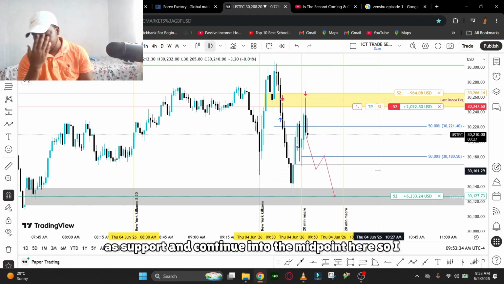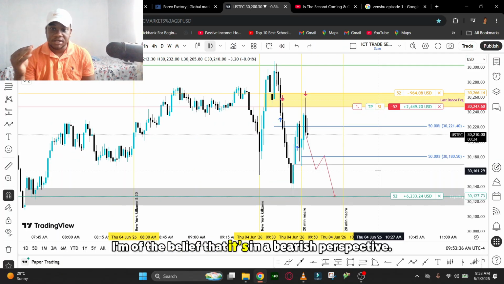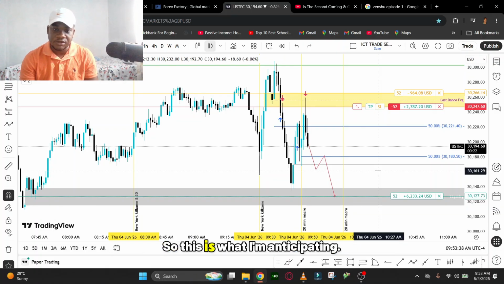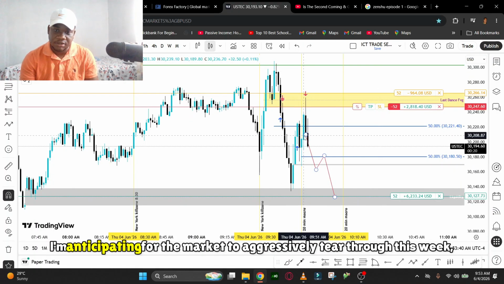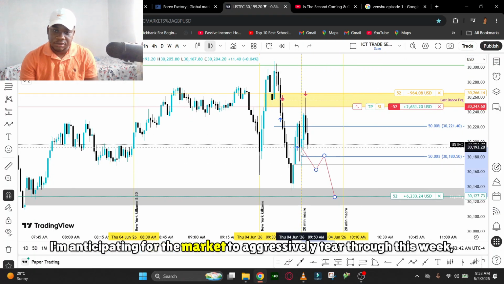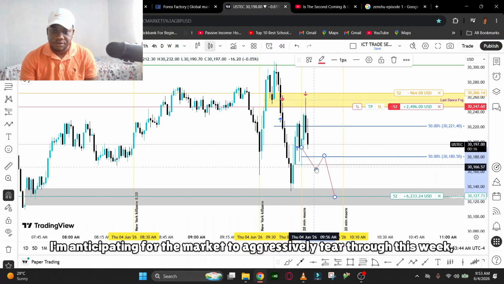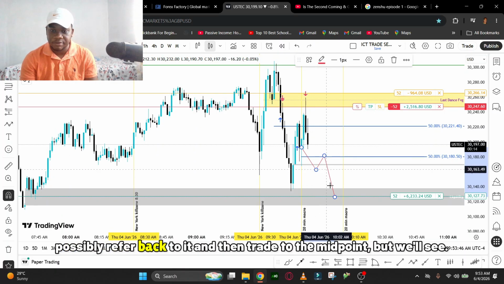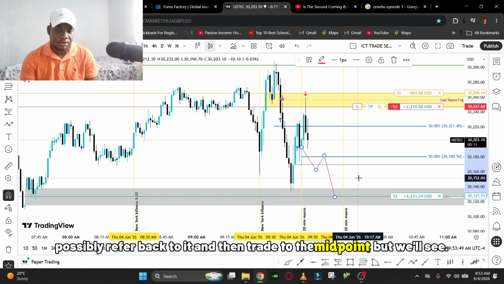So I am of the belief that it's in a bearish perspective, so this is what I'm anticipating. I'm anticipating for the market to aggressively tear through this wick, possibly refer back to it, and then trade to the midpoint, but we'll see.